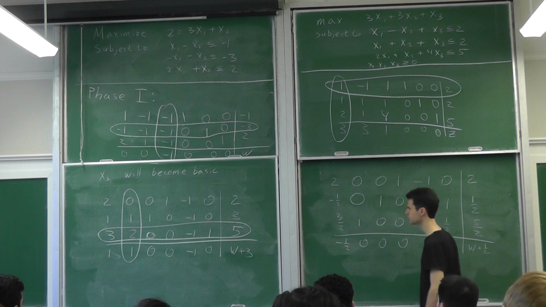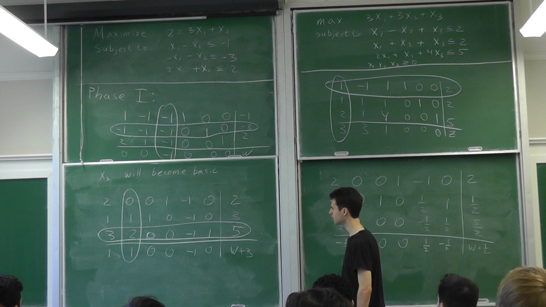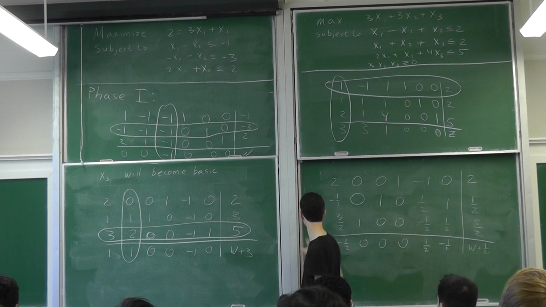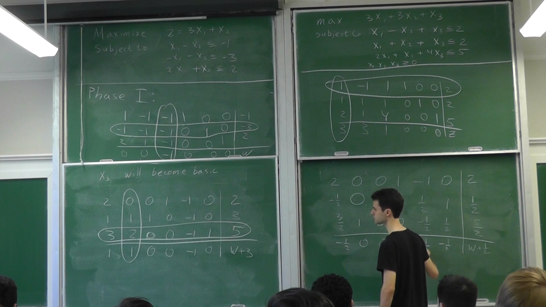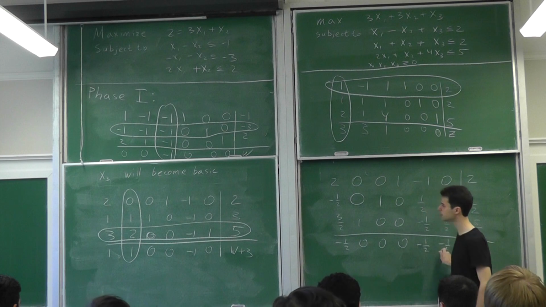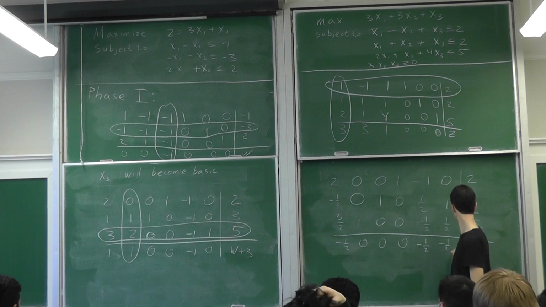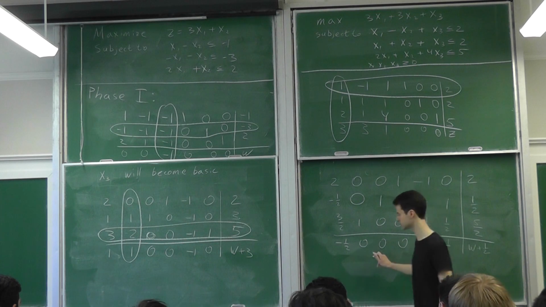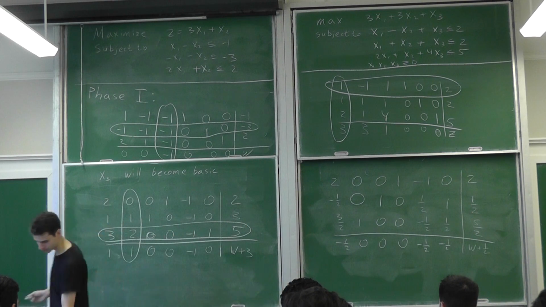Oh, wait. What is it? I want to subtract 1/2 of this row. Okay. So here it is minus 1, minus, okay, so this is minus 1/2. And this is minus 1/2. Okay, I think this is correct. Let me check.